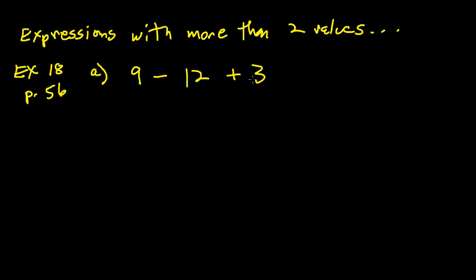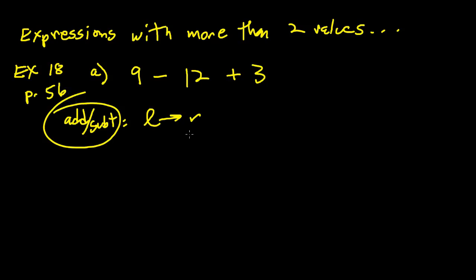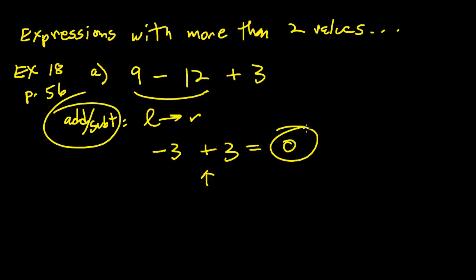Well, which do you do first, the subtraction or the addition? When you've got a chain of commands like this, if all you're doing is adding and subtracting, then we go left to right. So by agreement, we'll do 9 minus 12 first, and 9 minus 12 is, of course, minus 3. Then I'll do the addition, and minus 3 plus 3 is, of course, 0.